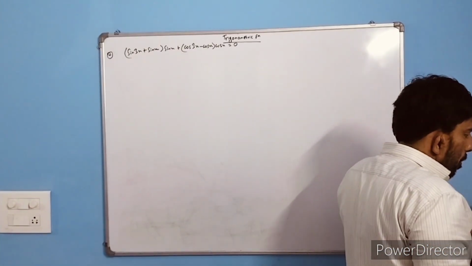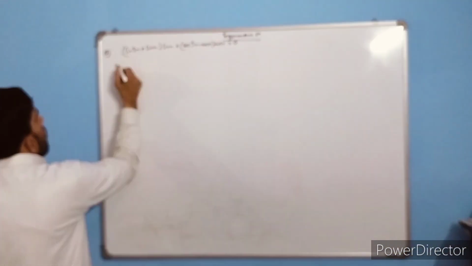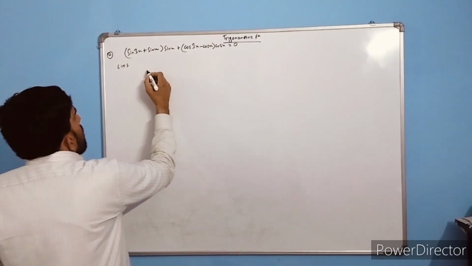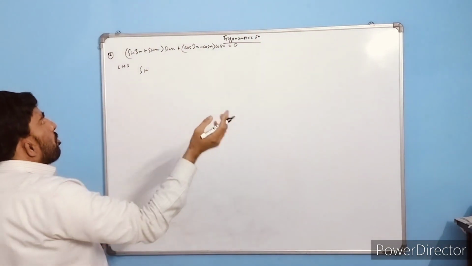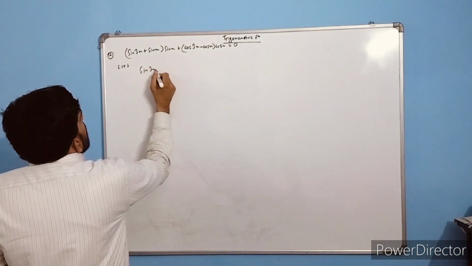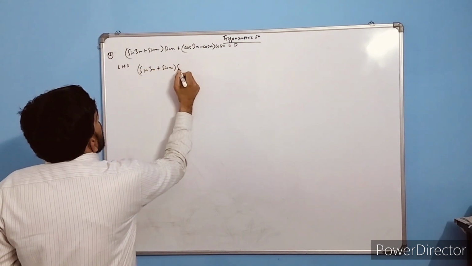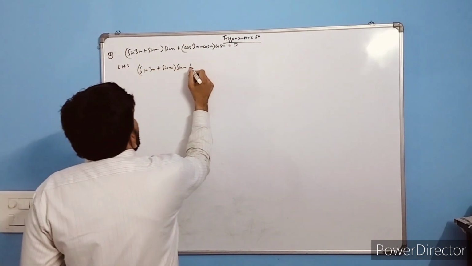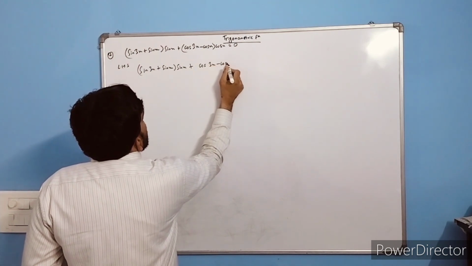So we'll apply the identity here. So now first of all write it LHS, because we can't solve RHS furthermore, so we'll try to solve LHS first. Okay, so there is sin 3x plus sin x into sin x plus cos 3x minus cos x.